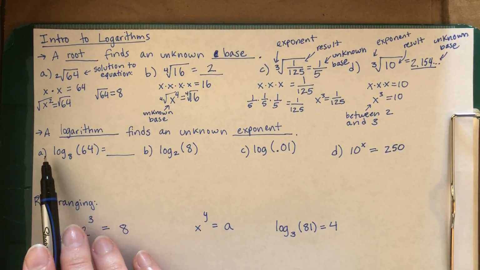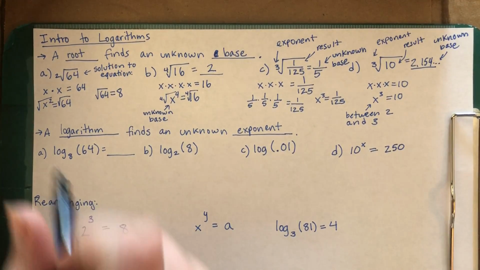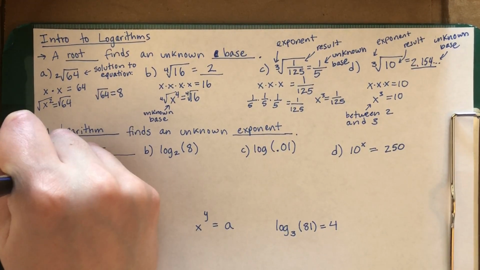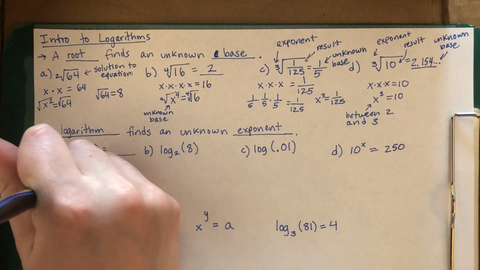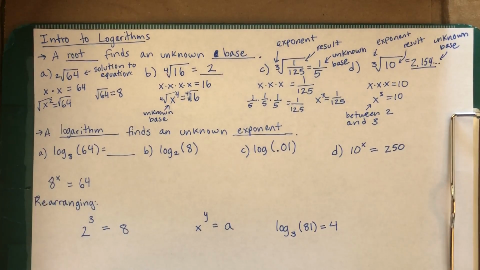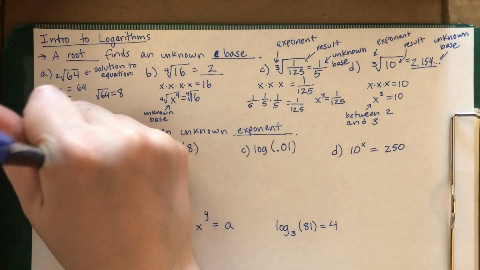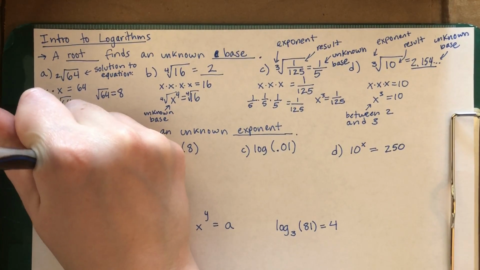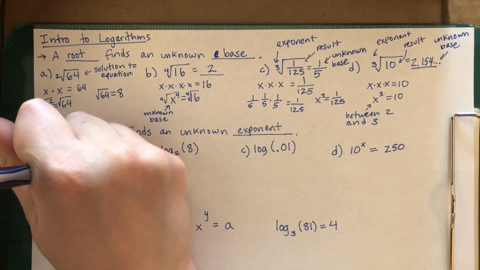So for example, if I have log base 8 of 64, this means I'm looking for a solution to the equation 8 to the x equals 64. So this number here is the base. In this case, we know it.